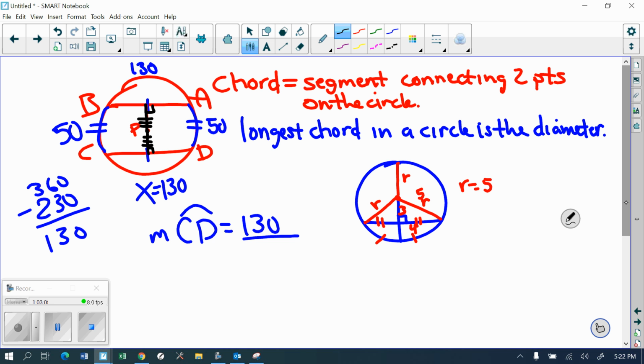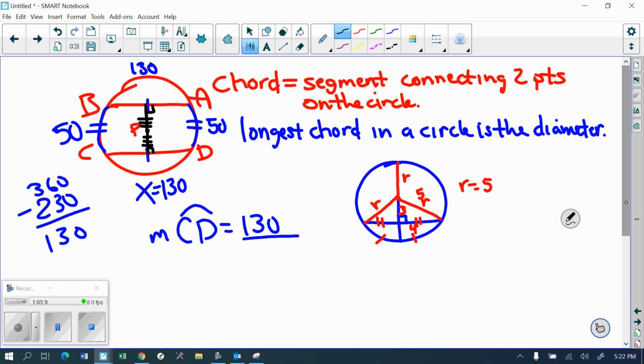That's another piece that's true about chords. If the chords aren't congruent, then they aren't equidistant from the center, because remember, the further away they are from the center, the smaller they are, and the closer they are, the larger they are. So in order to be the exact same distance away, they must be congruent. I believe that is everything with chords.